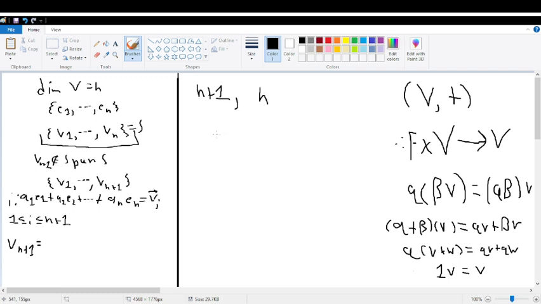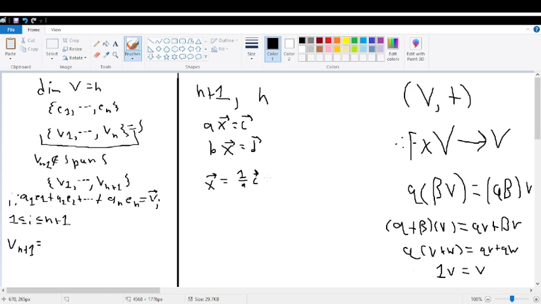So let's write it out. So for the case that n is equal to 1, we have a x bar is equal to c bar, and we have b x bar is equal to d bar, which then, dividing, because we have a field, we have x bar is equal to 1 over a c bar.